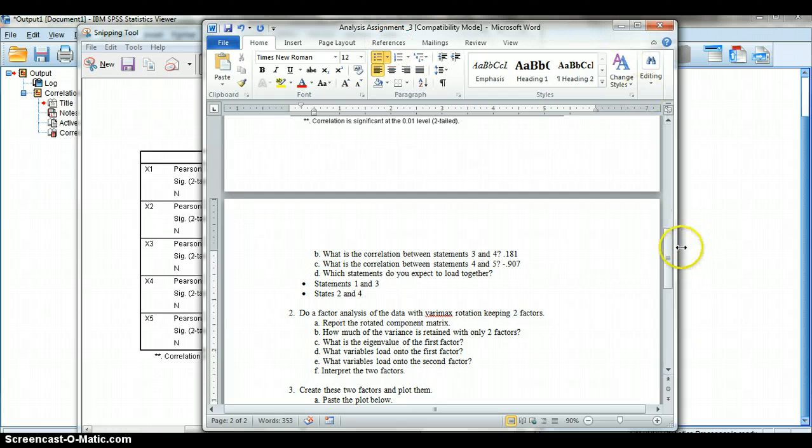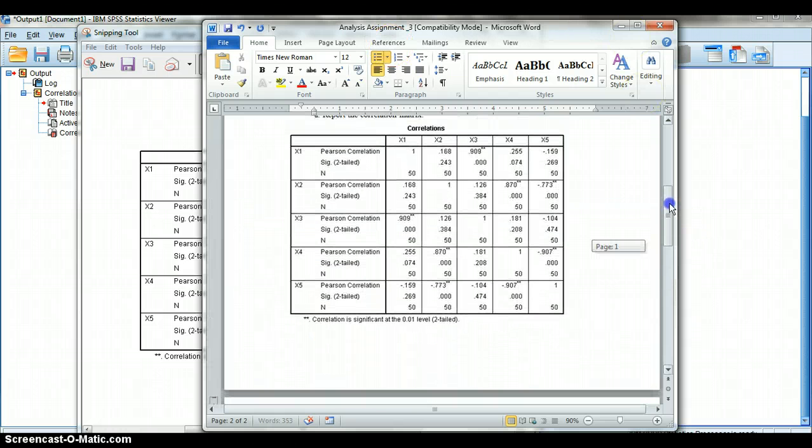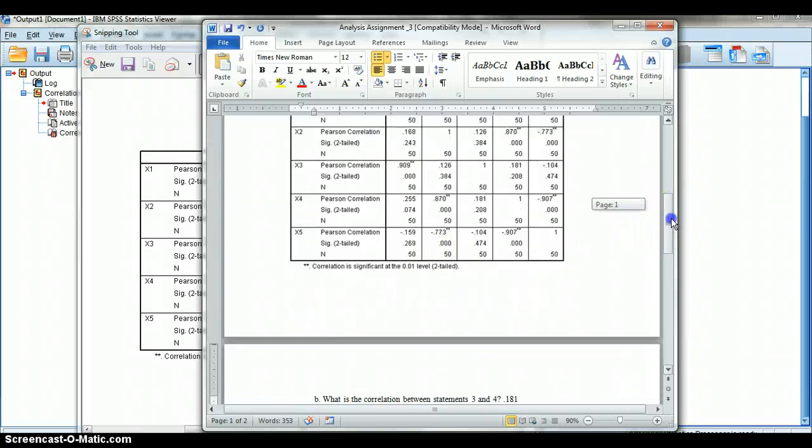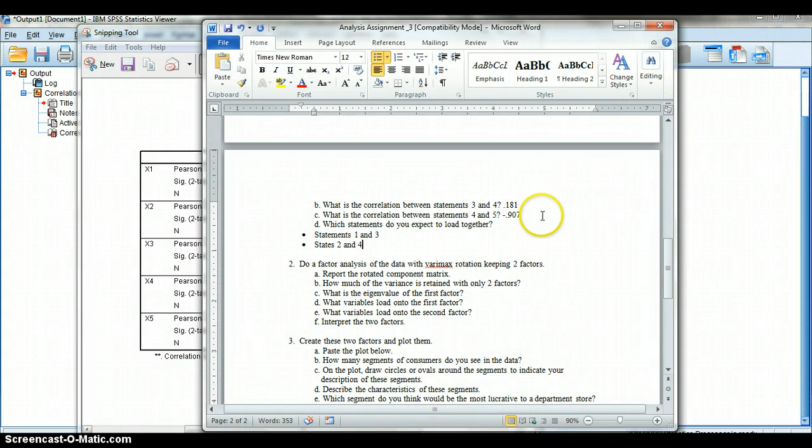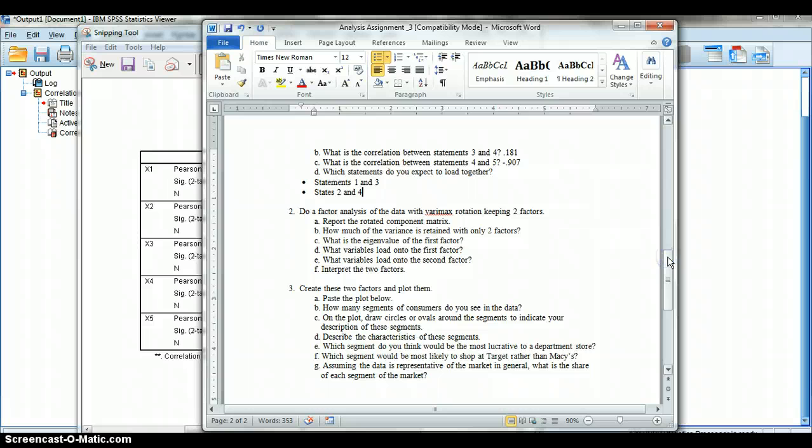Let me just double check statements 2 and 4. Yeah, 0.87. Okay, we are done with number 1. I'm just going to bold all these so it's easier.